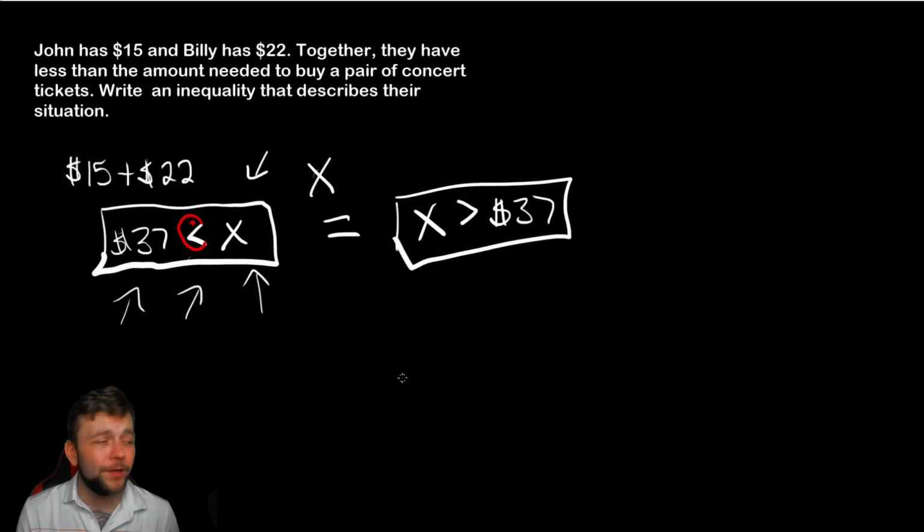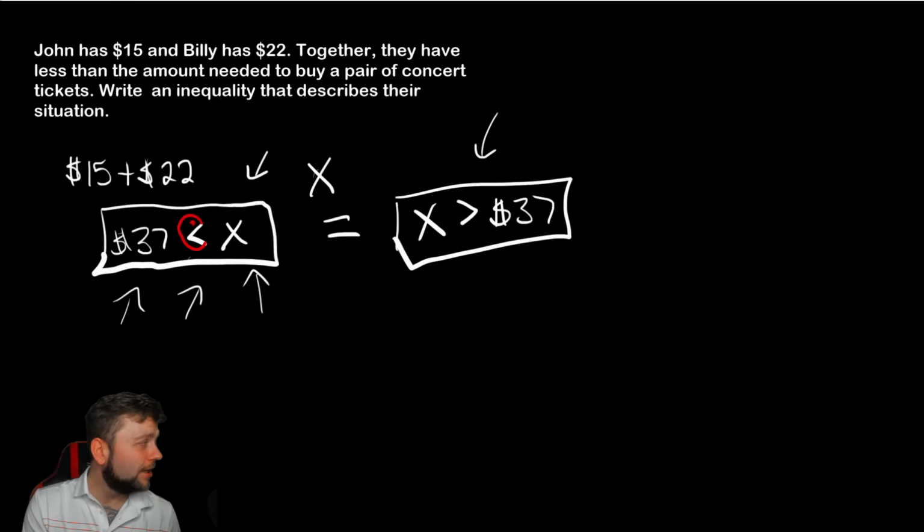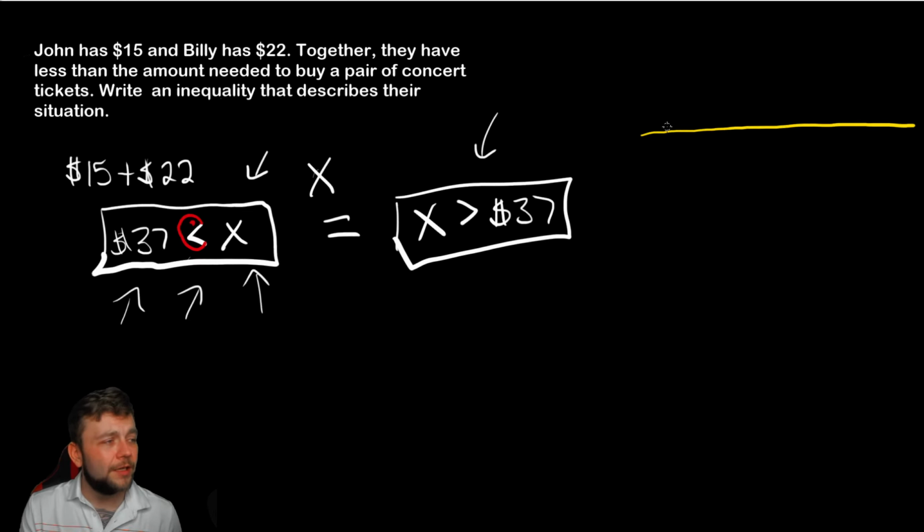Very straightforward. So now that we have written it out with the variable out front, let's just go ahead and graph this inequality. So we'll switch it to yellow for a nice fun graph color. And we have our 0.